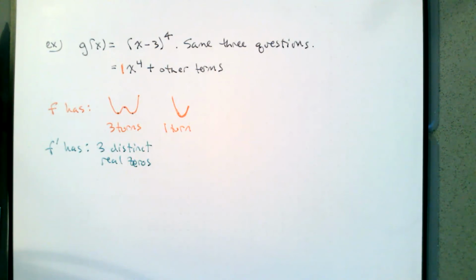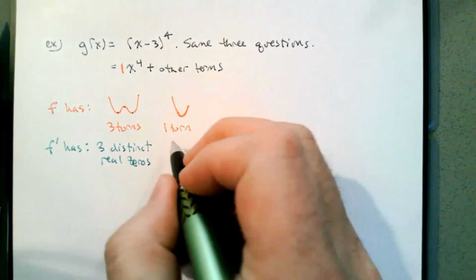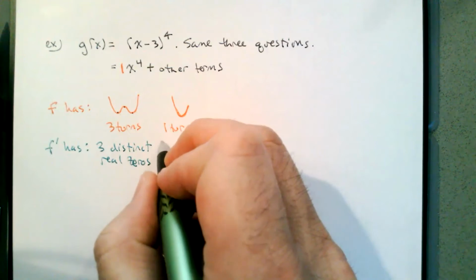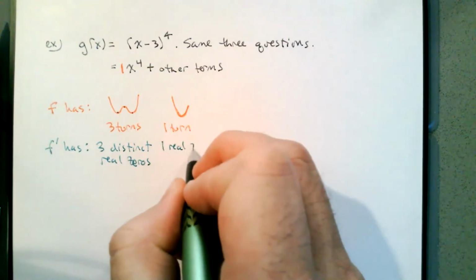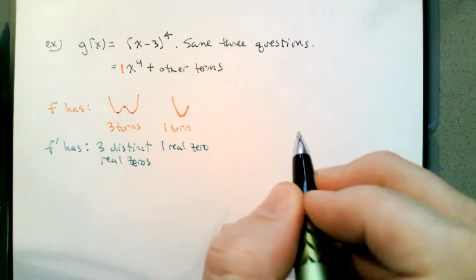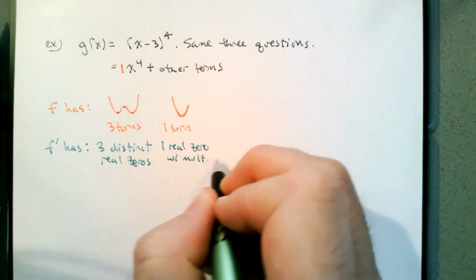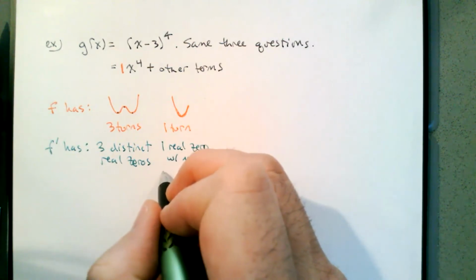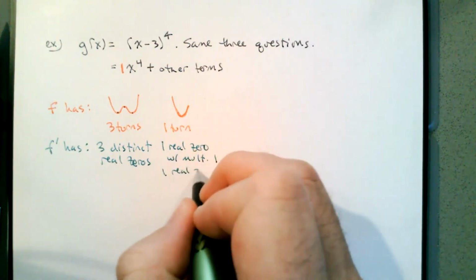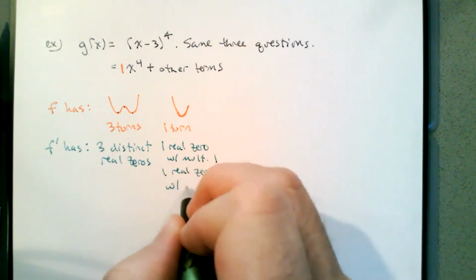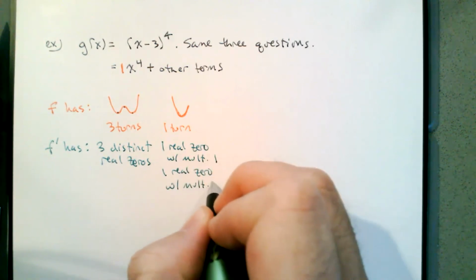It could be that we have 2 real zeros where 1 is repeated. So 1 real zero with multiplicity 1 and 1 real zero with multiplicity 2.